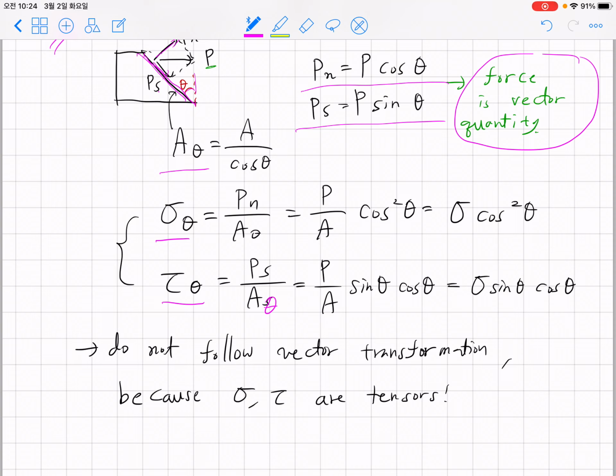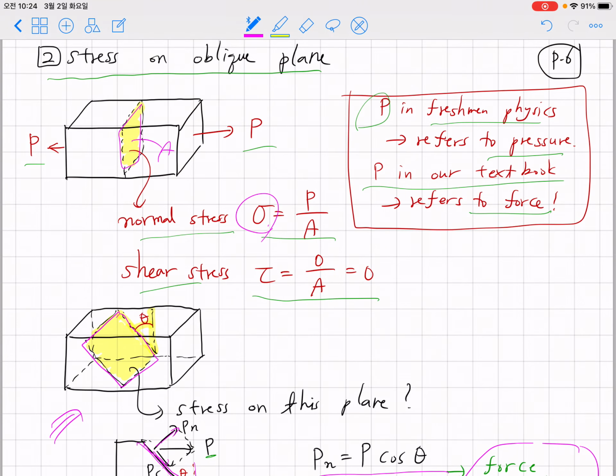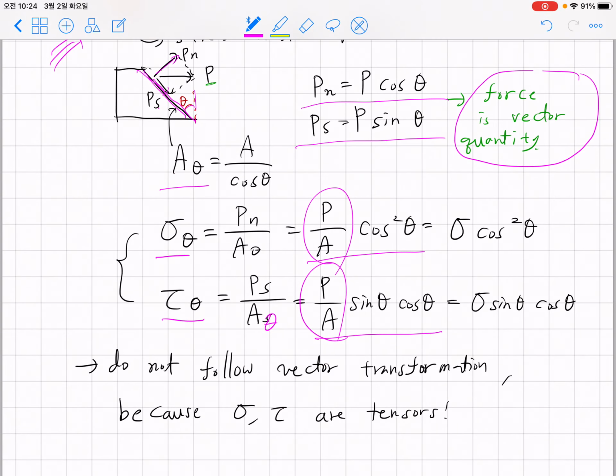Then what you get is P over A cos squared theta and P over A sine theta cosine theta. If you replace P over A with sigma of the original coordinate system, sigma theta becomes sigma multiplied by cosine squared theta, and tau theta becomes sigma multiplied by sine theta and cosine theta.